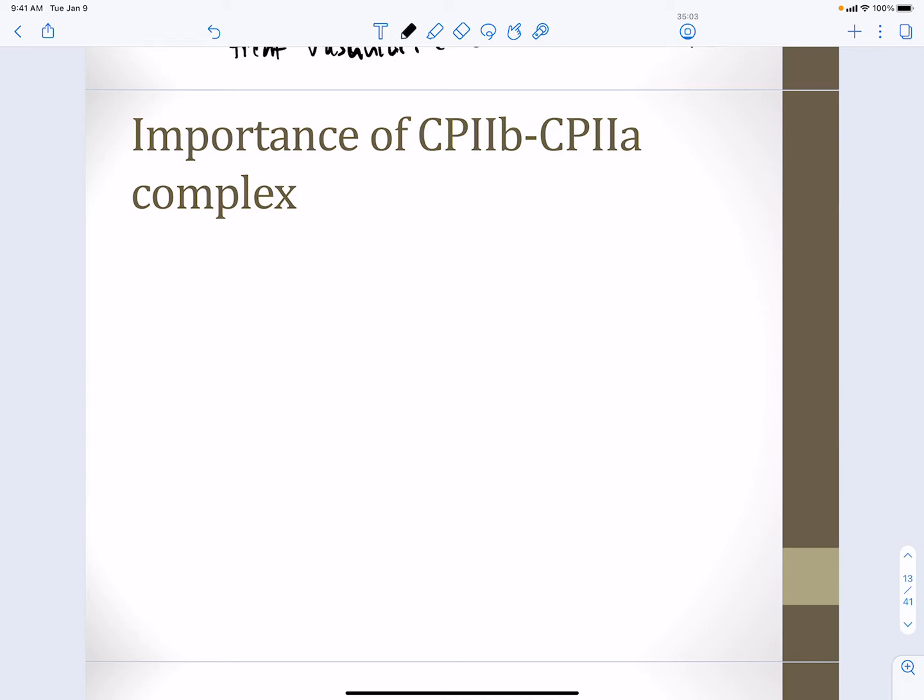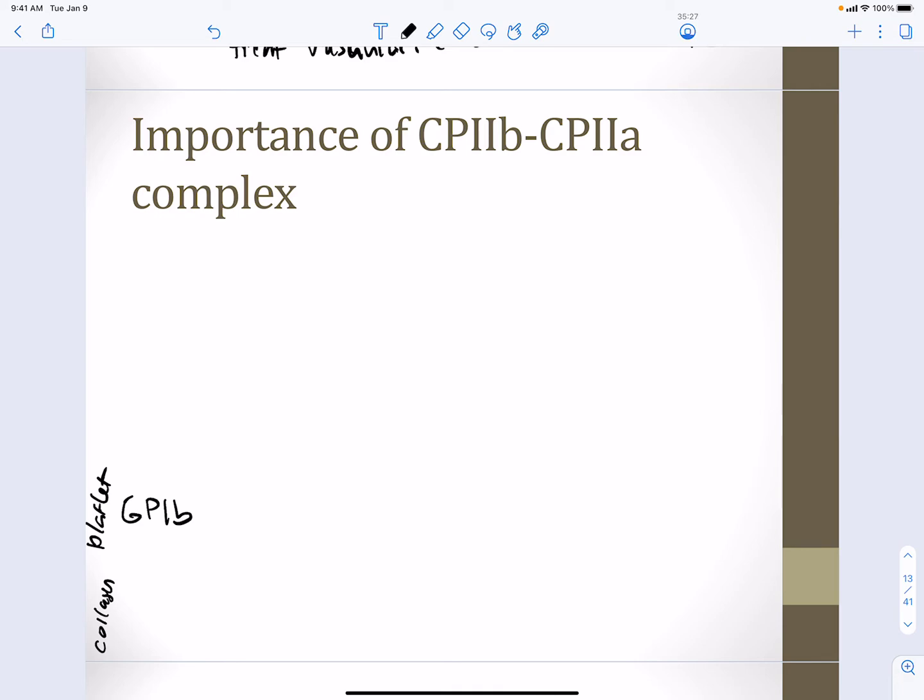So, just a reminder, we had GP1B, and this is on the platelet. And then this is your subendothelial collagen.